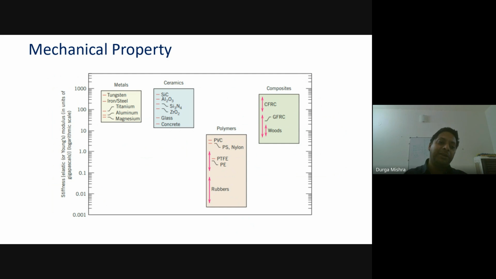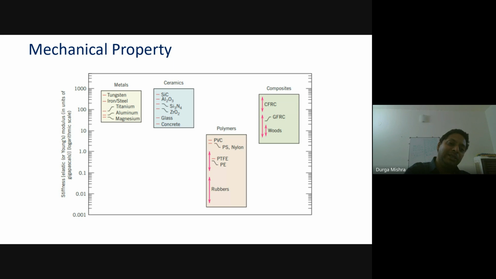Ceramics, some are very strong. Silicon carbide, which you see at the top, aluminum oxide, silicon nitride, they are very strong, with high Young's modulus.